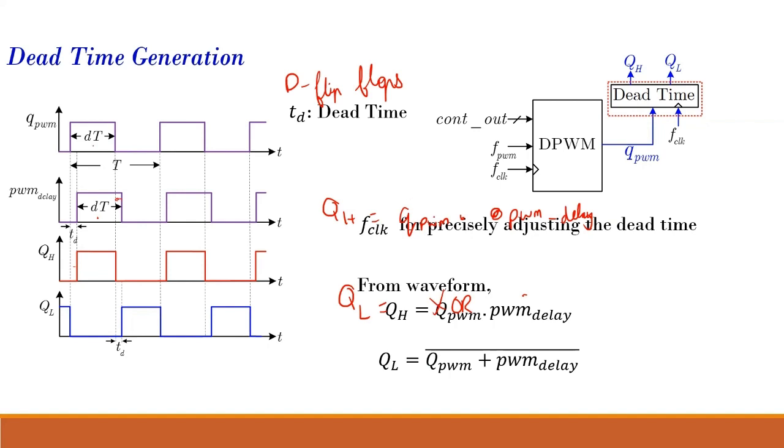This is the NOR of that. NOR, actually. So what is happening is, you take the NOR operation. What is NOR? The truth table of NOR is 0, 0.